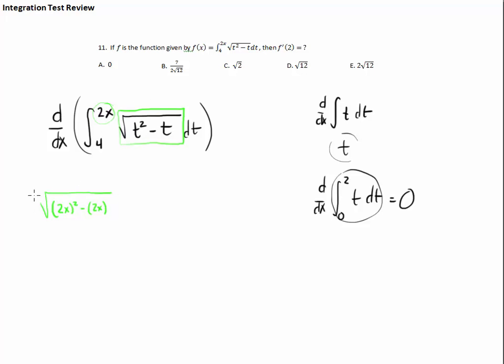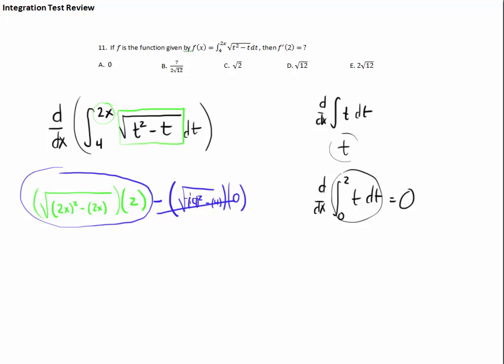That's my top bound plugged in, and I just have to multiply it by the derivative of my bound. So the derivative of 2x is 2. And then I have to do the same thing with the bottom one, so minus, plug in the bottom one, the square root of 4 squared minus 4, times the derivative of 4, which is 0. So this whole thing goes away, and that right there is my answer.